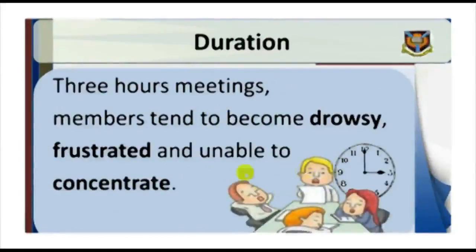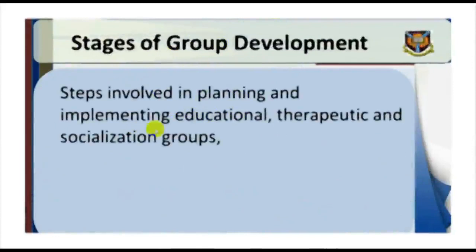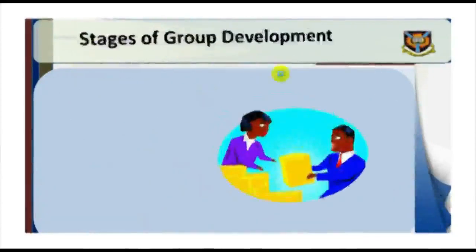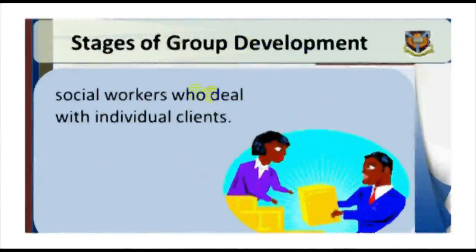Stages of group development. The steps involved in planning and implementing educational, therapeutic, and socialization groups are similar to the procedures followed by social workers who deal with individual clients.